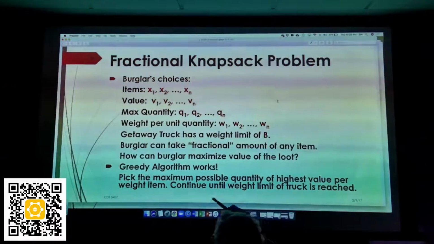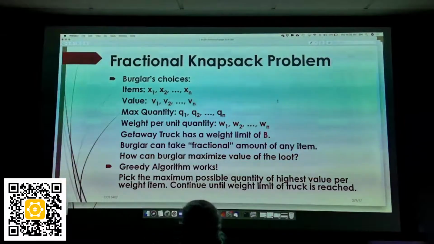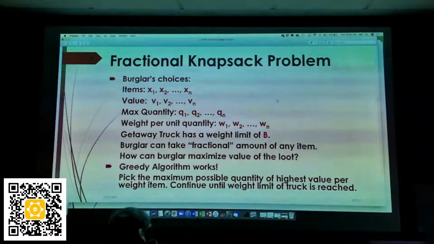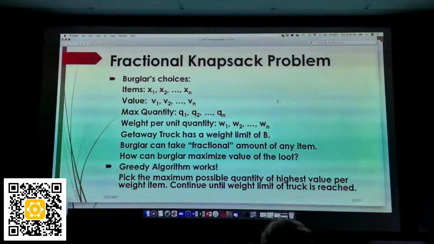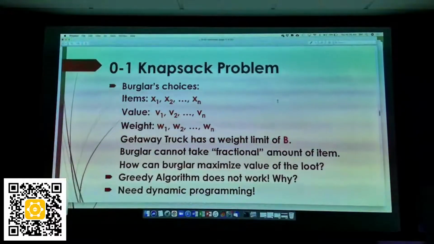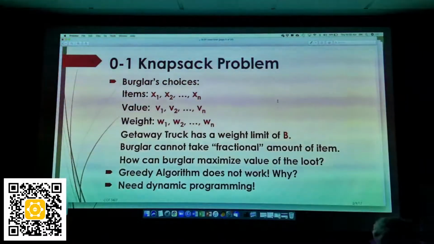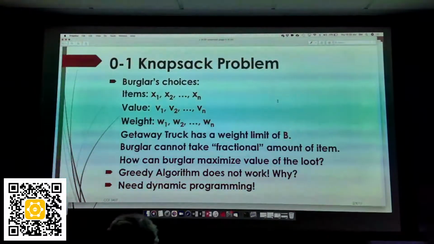So the only reason the greedy algorithm works is because this person can take fractional quantities. Okay? So then let's modify the problem so that it's not fractional anymore. This is called the 0-1 knapsack, which means either you take the item or you don't.